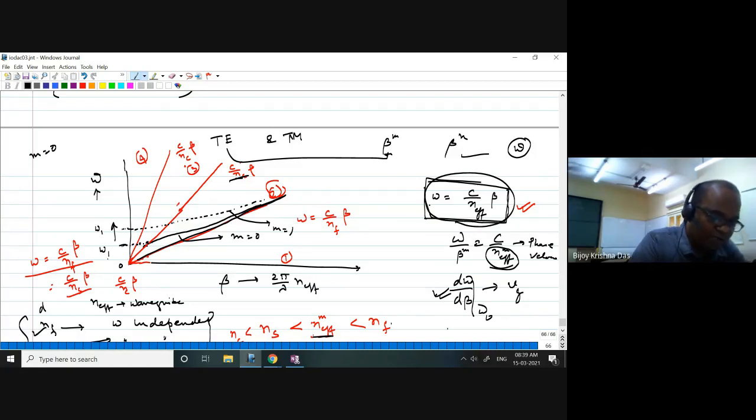Omega 1 is the cutoff when the fundamental mode starts to propagate. Omega 2 is the cutoff when the next higher order mode starts to propagate. When I am increasing omega, meaning decreasing lambda for a given d value, there is a chance that a single mode waveguide will convert into multimode.